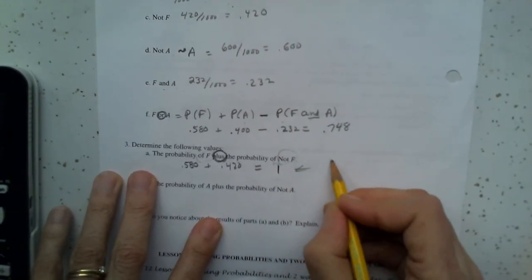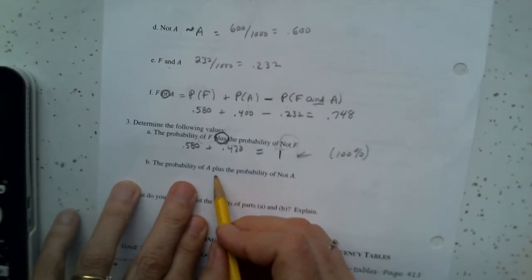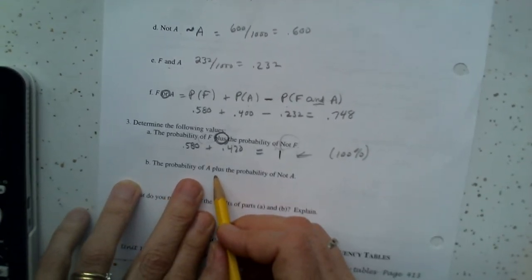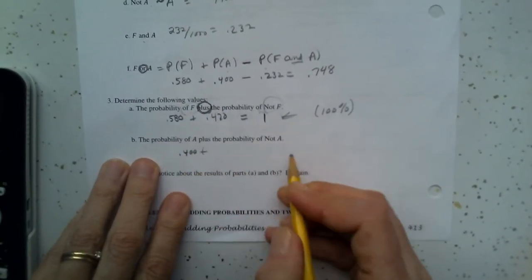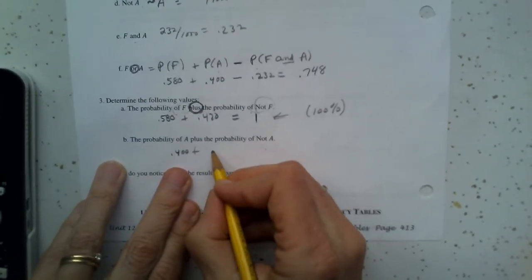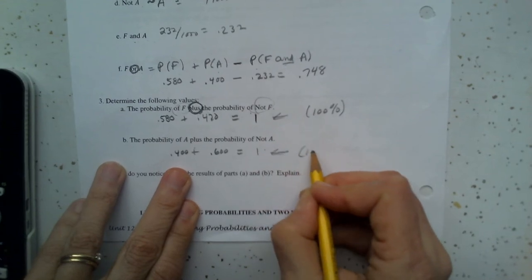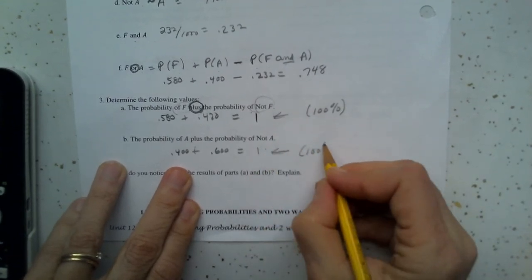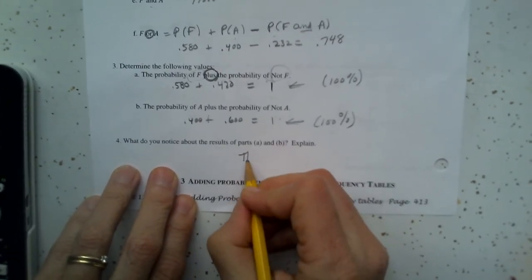And the probability of 1 means 100%. The probability of being in an athletic program, 0.400, plus the probability of not being in an athletic program, 0.600, adds up to 1. Again, you've got a probability of 1, which means 100%. What do you notice? They add up to 1.